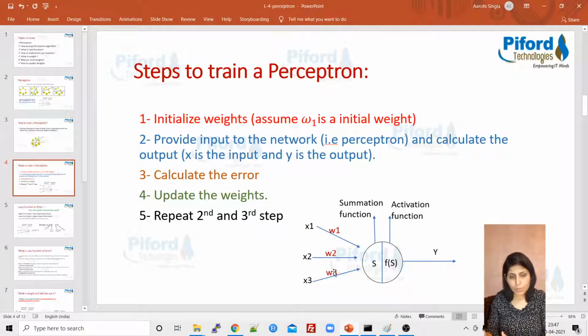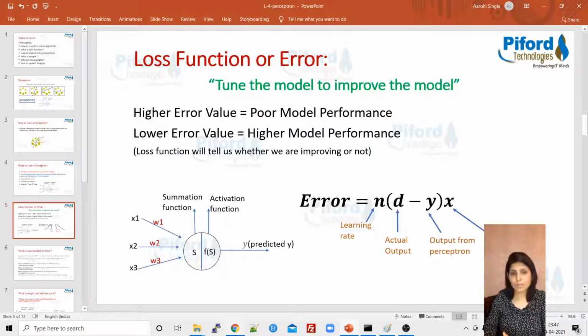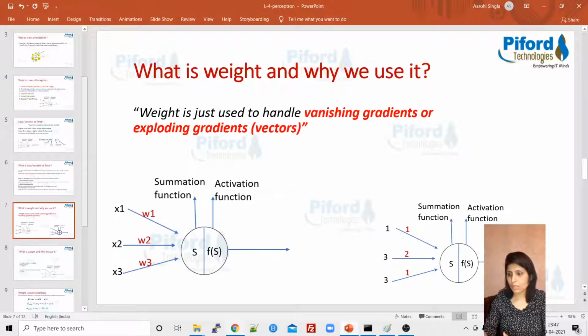Now, before moving to the next steps, let me explain why we need weights, what is the importance of weights, and why we are multiplying these weight values with the input values. So let me show you that. Weight is a numeric value, and it is used to handle the problem of vanishing gradients or exploding gradients.